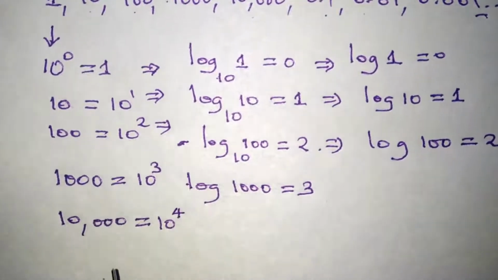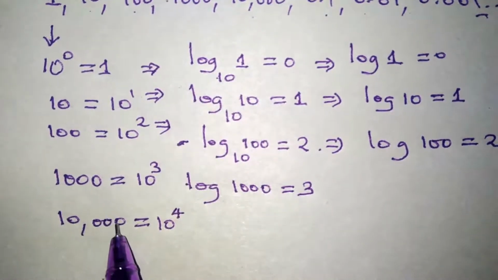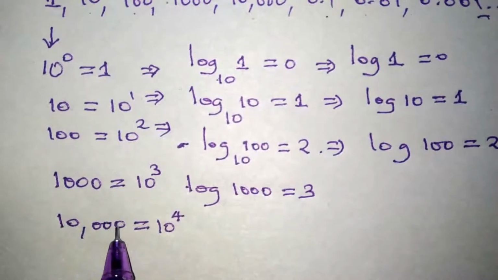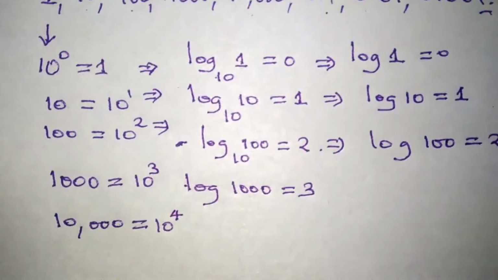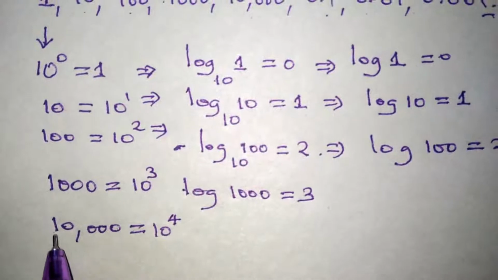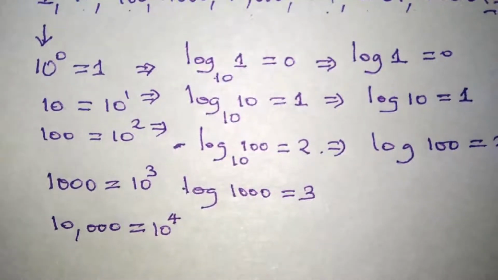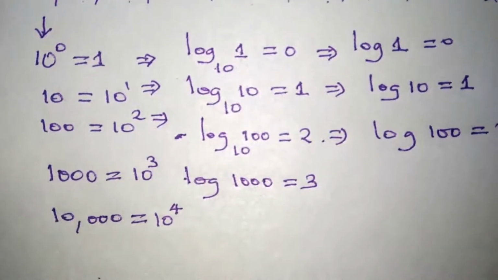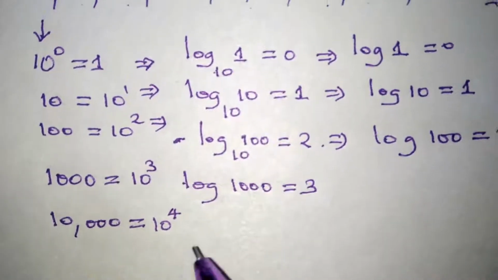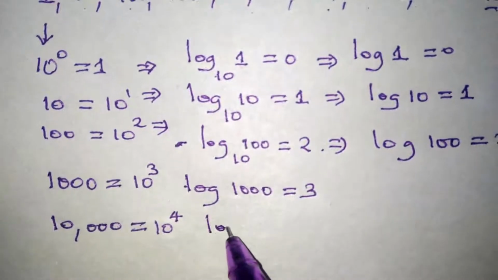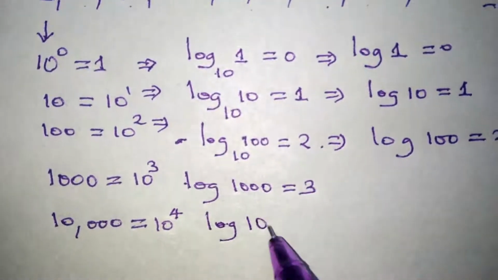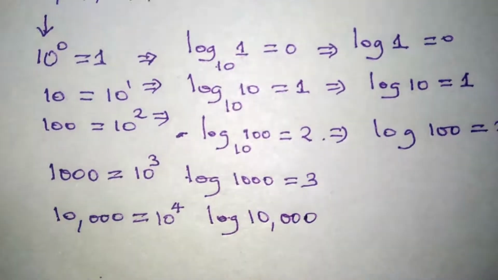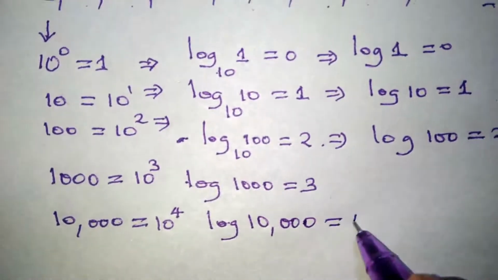Now again, just for those who probably don't know, to have this power here, we simply count the number of zeros that we have here. If we are having numbers that are in terms of 10, 100, 1,000, 10,000, etc., that's how we count, and then we end up with log to base 10 of 10,000 is equal to 4.